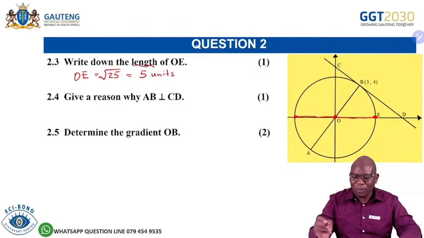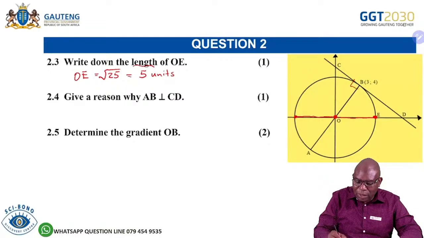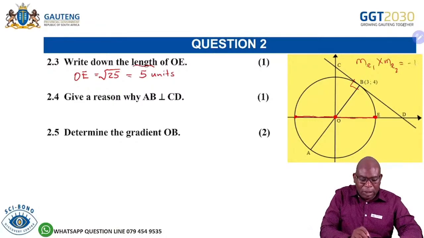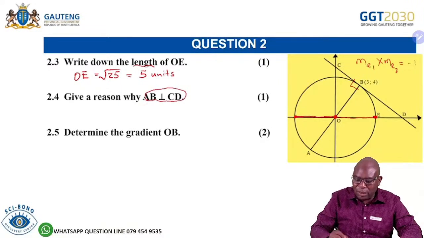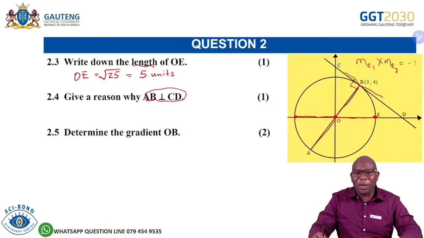Okay. Do you remember what we did there? We said this thing there is 90 degrees. Gradient of line 1 times gradient of line 2 equals -1. Now here they say, give a reason why AB is perpendicular to CD. Your geometry knowledge now.